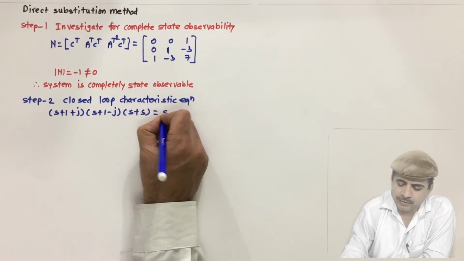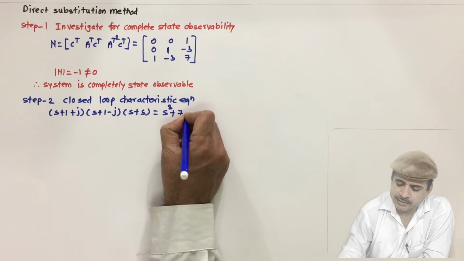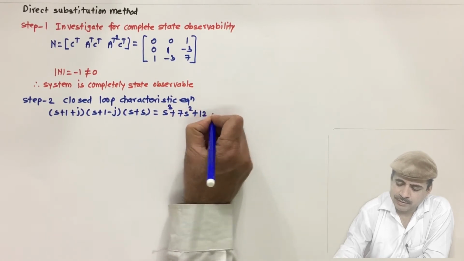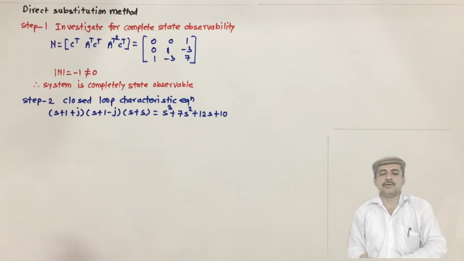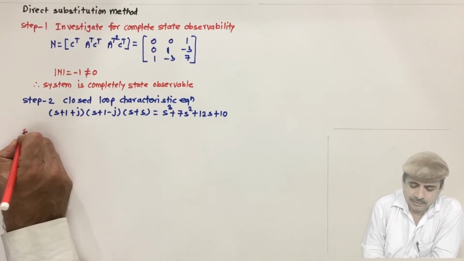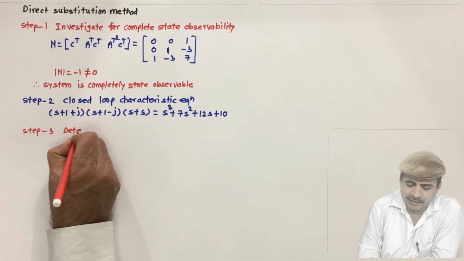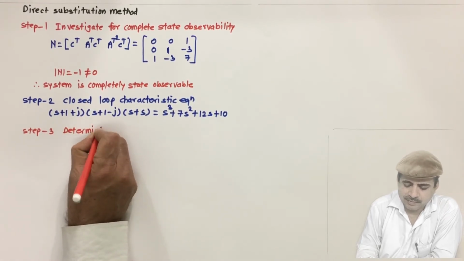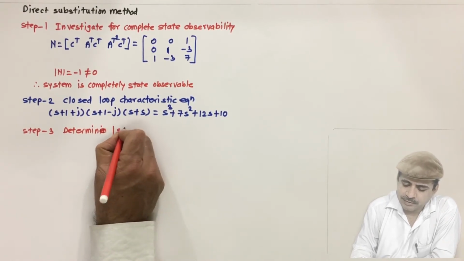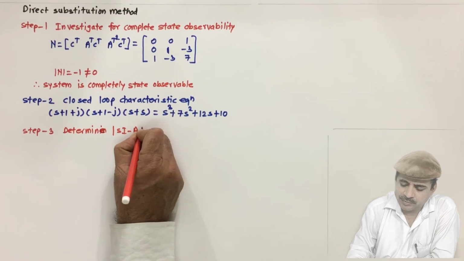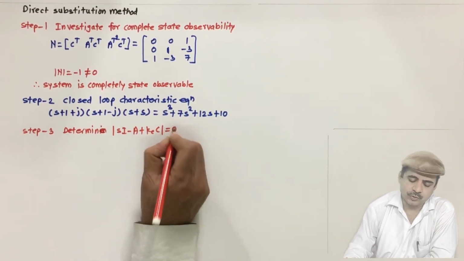Already we have done this, so I will write it directly, s cube plus 7s square plus 12s plus 10. And now I will do it by determining the determinant of SI minus A plus KEC equal to 0.